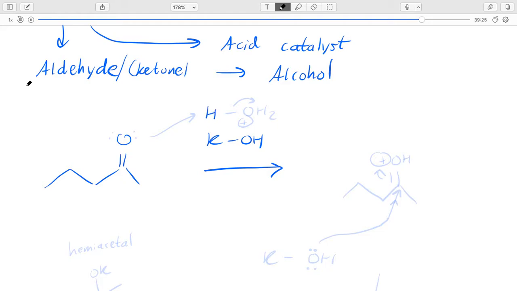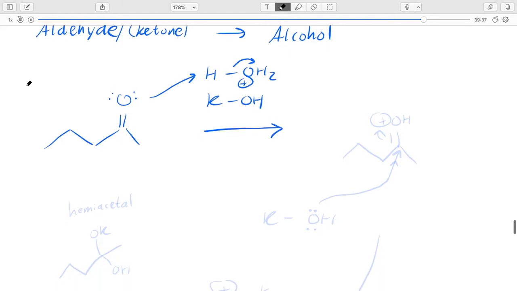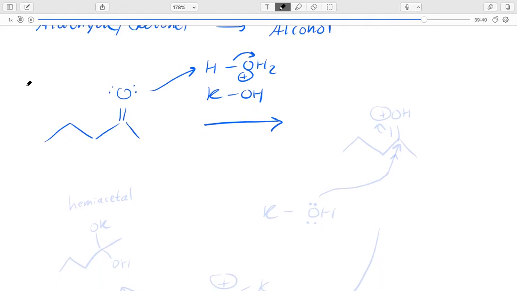So for the acid catalyst, we'll just use, say, hydronium. Hydronium seems to be the only acid catalyst we've used. It isn't, but it is. So we'll pick up that proton and become OH plus. By adding the proton across, it makes the carbonyl more susceptible to nucleophilic attack.